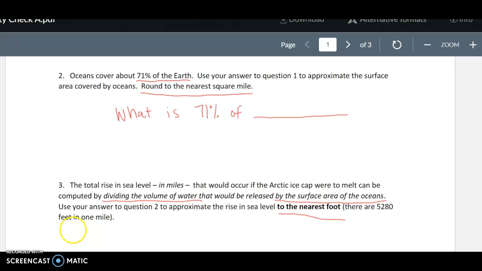So for example, if the answer here were 1 mile, to figure out how many feet, I could just do 1 mile times 5,280 feet. That would give me the answer. Now the answer here is not going to be 1 mile. You'll have to figure that out by following the directions here. But when you divide the volume of water by the surface area of the oceans, that's the answer in miles. So make sure you change it to feet.